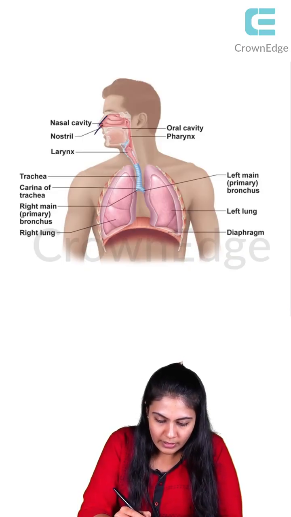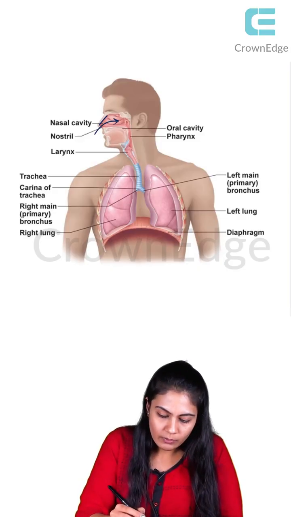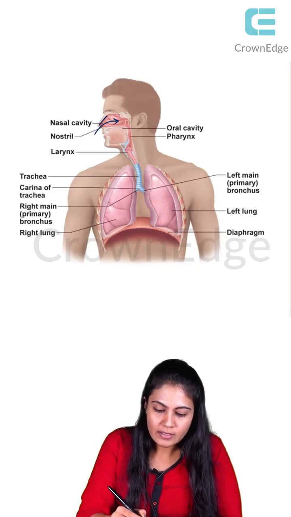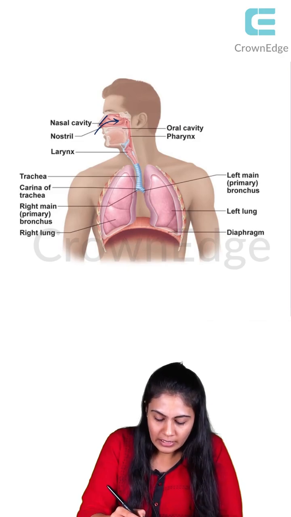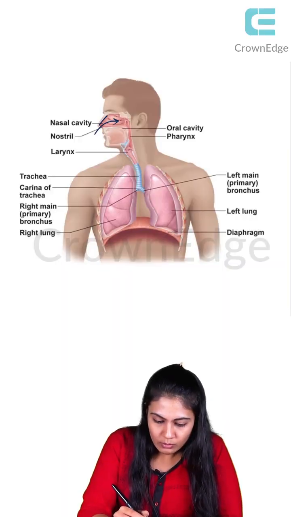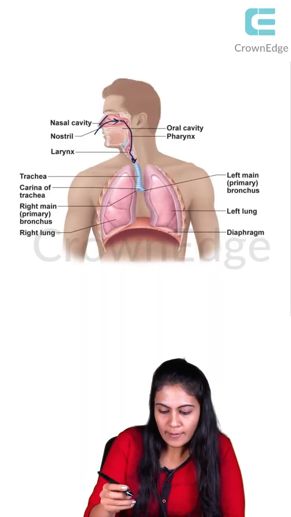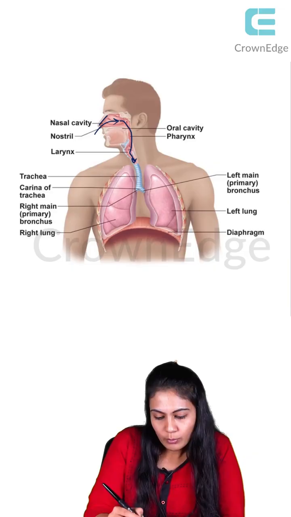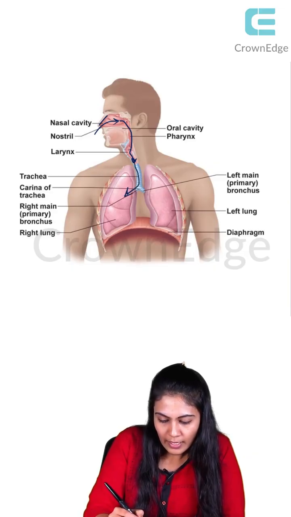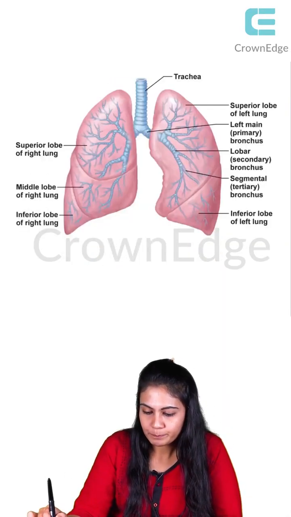From the nasal cavity, the air will flow inside the body and go into the nasopharynx, then the laryngopharynx. Then it moves via the larynx into the trachea, then the bronchi, then the bronchioles, and ultimately it will go into your alveoli, right?